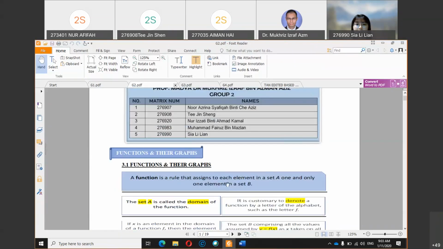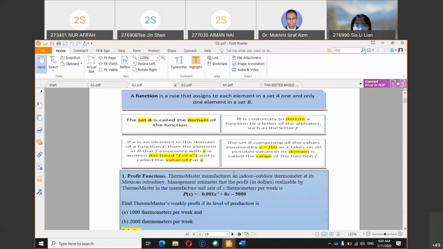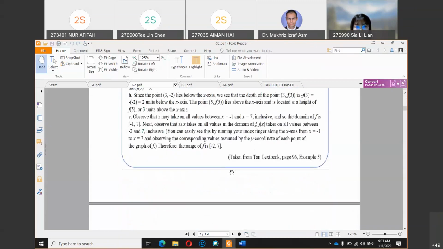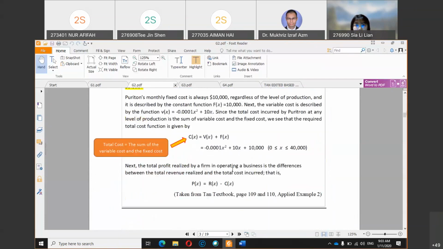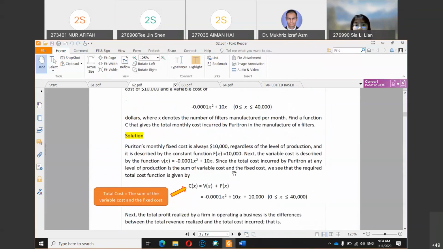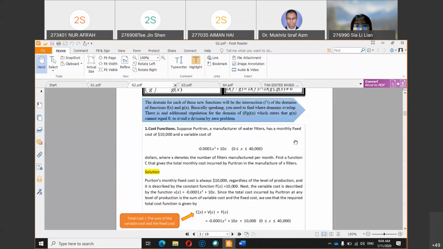Okay, for group 2, where are they? Okay, profit. This one is also the same as before, right? On the notes, I don't want to focus too much. So let's do this example here, on these cost functions.